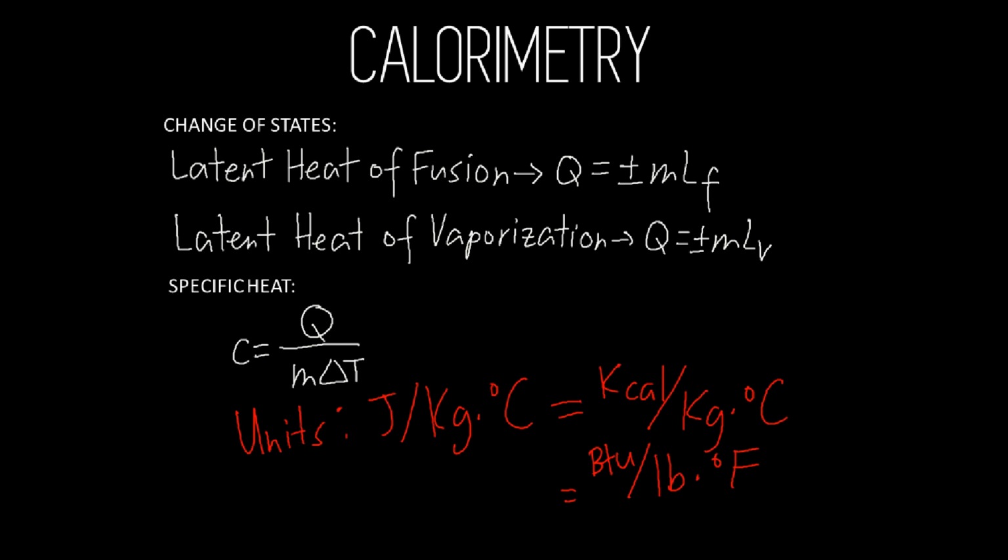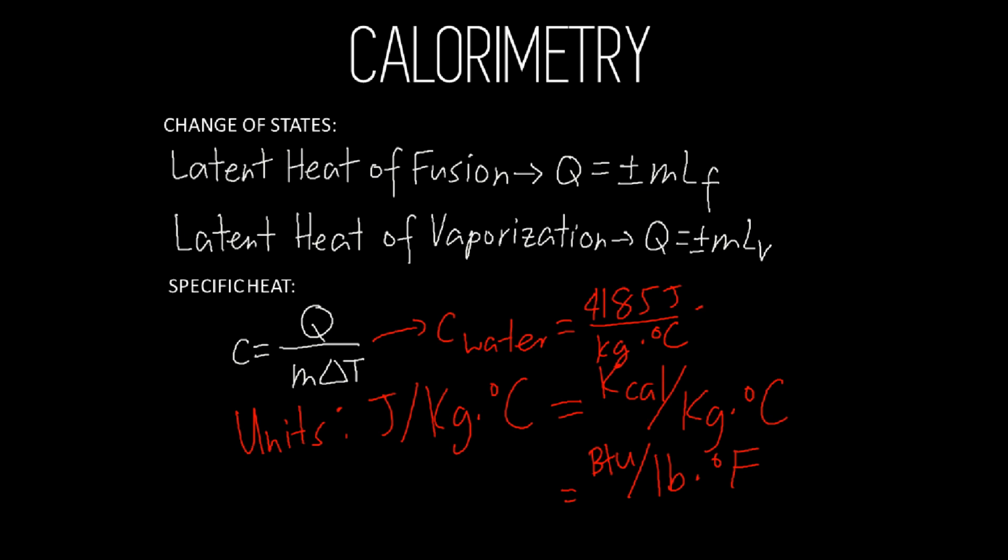So what is the specific heat of water? I'm just going to write C sub water is equal to approximately 4185 joules per kilogram times degrees Celsius. And for ice, I'm just going to write it somewhere over here.